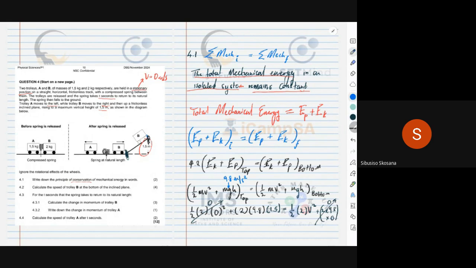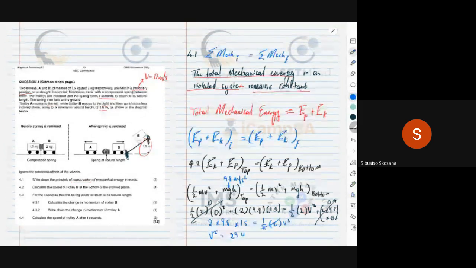Let me write it like this. I have 2 times 9.8 times 1.5 equals to 1 over 2 times 2 v squared. This can go away. Then v squared equals to 2 times 9.8 times 1.5, which is 29.4.